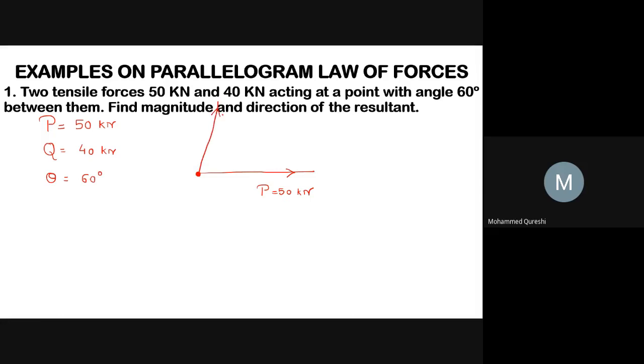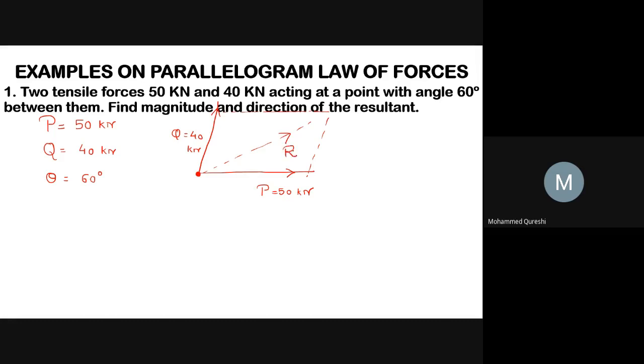So this will be Q as 40 kilonewton. Now we will complete the parallelogram. As per the parallelogram law of forces, we know that the resultant will be represented by the diagonal of the parallelogram.